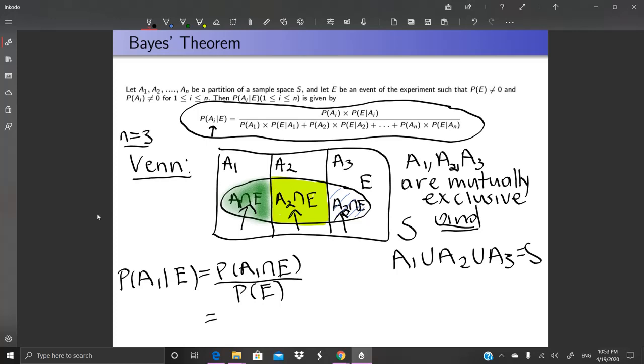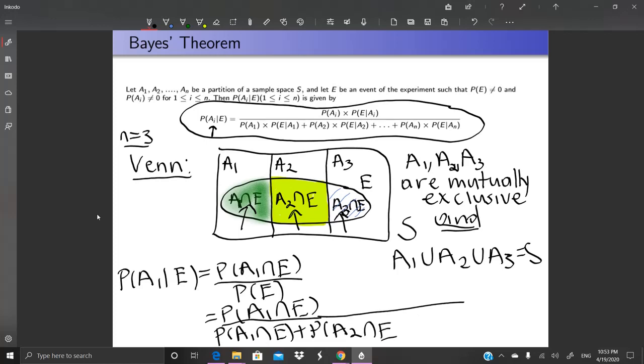So the probability of A1 intersect E over the probability of E, you can think of the probability of E as the probability of A1 intersect E plus the probability of A2 intersect E plus the probability of A3 intersect E.